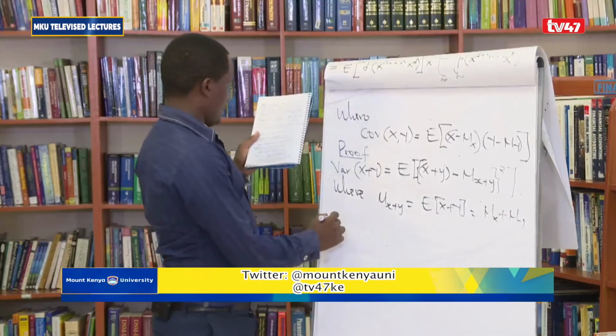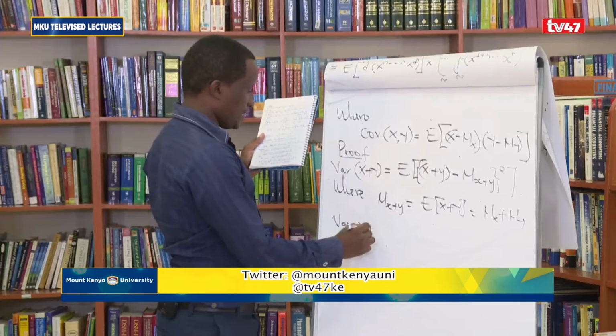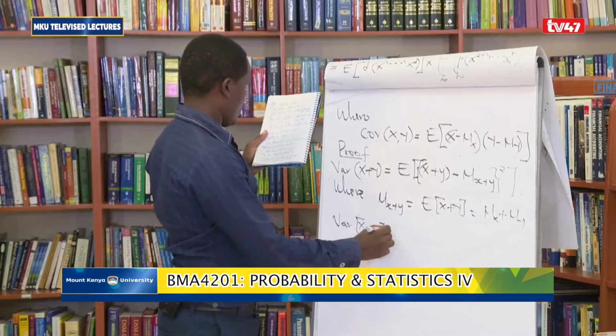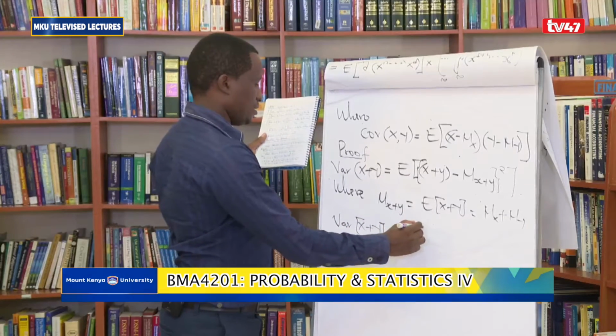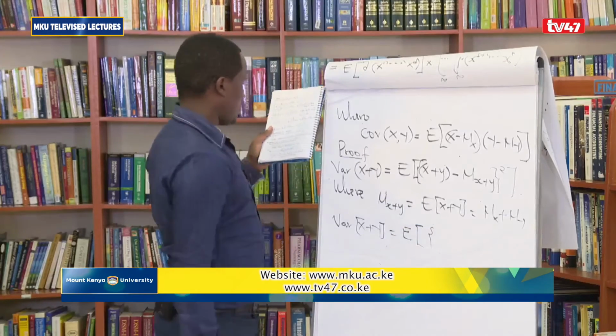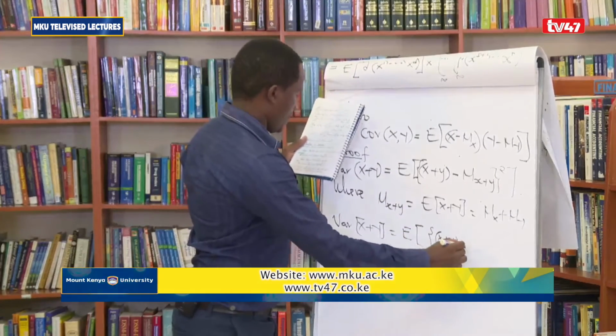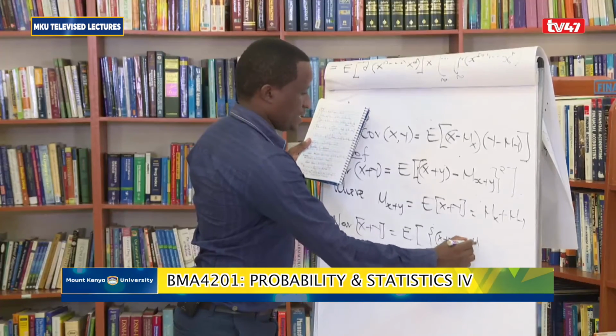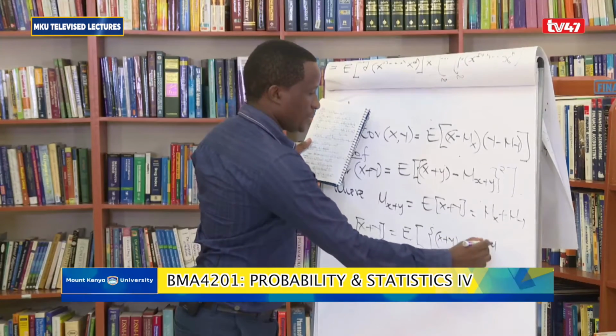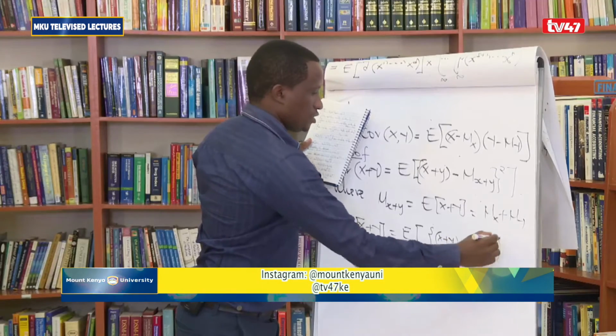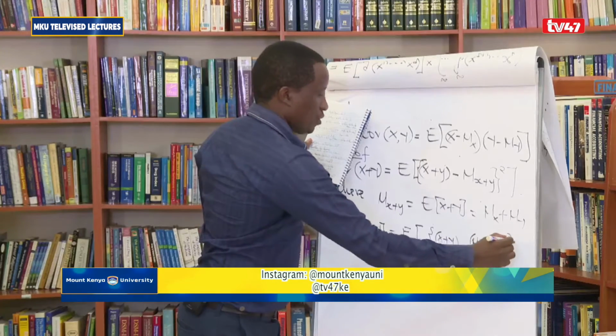So variance of x plus y is equal to expected of, introducing the curly brackets, x plus y minus the expected of x plus the expected of y, these two. Then we square this.